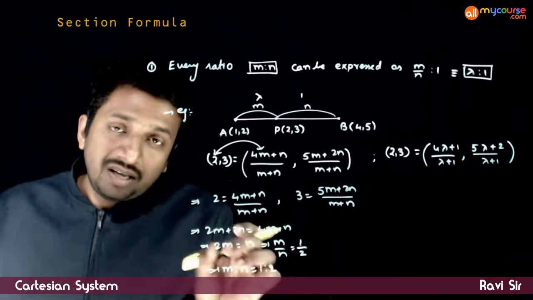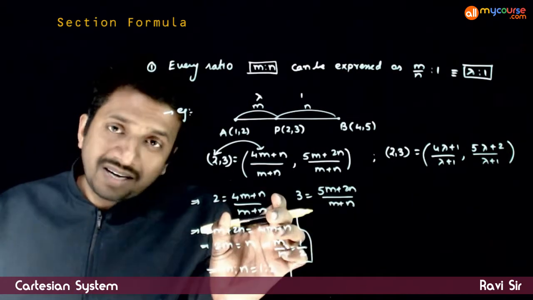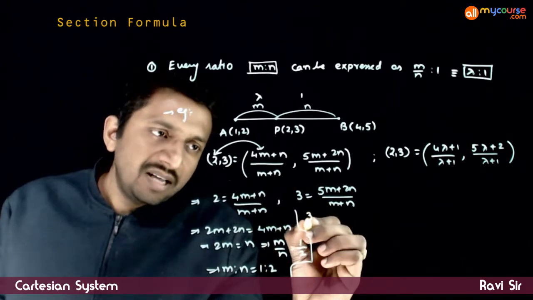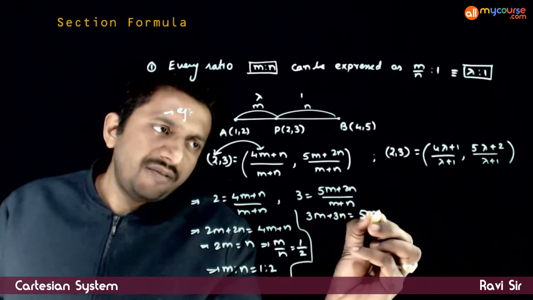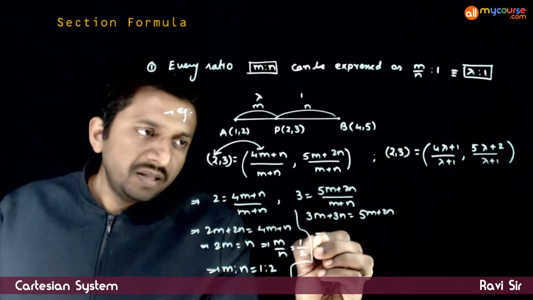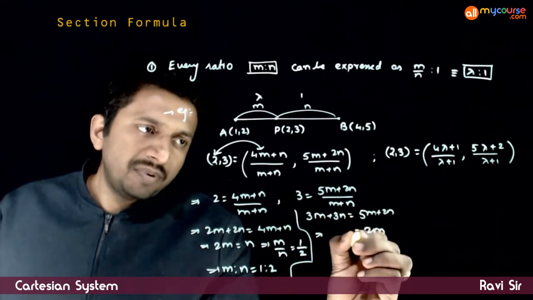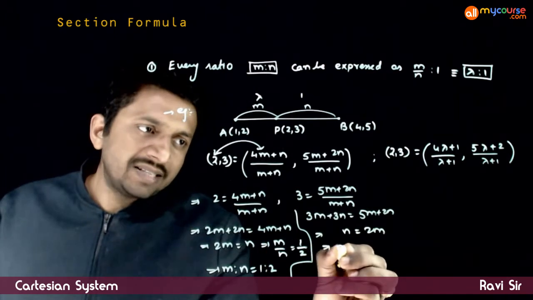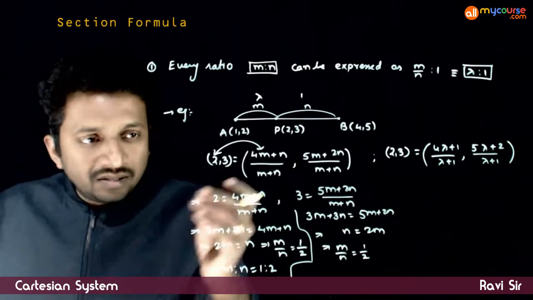Now, take the second condition. From one condition, you got the value of m/n. The second condition is 3m + 3n is equal to 5m + 2n. This implies 5m minus 3m is 2m, and 3n minus 2n is n. This implies m/n is equal to 1/2 again.